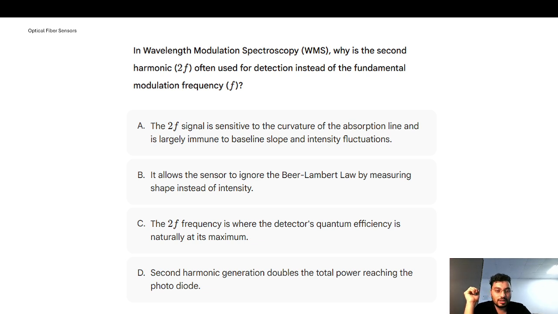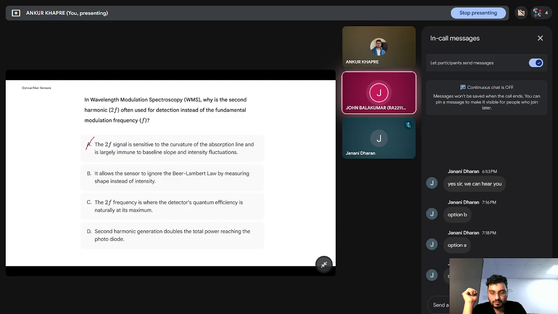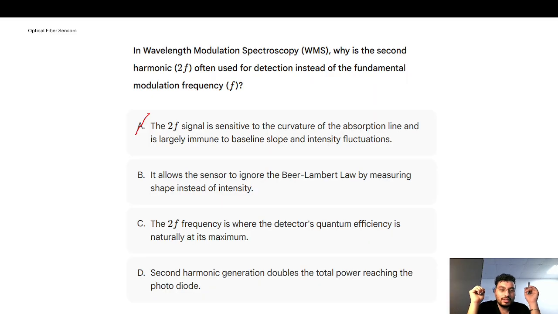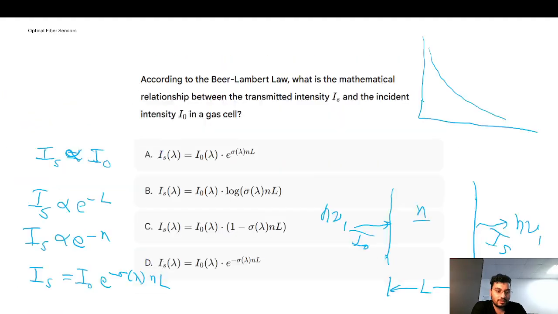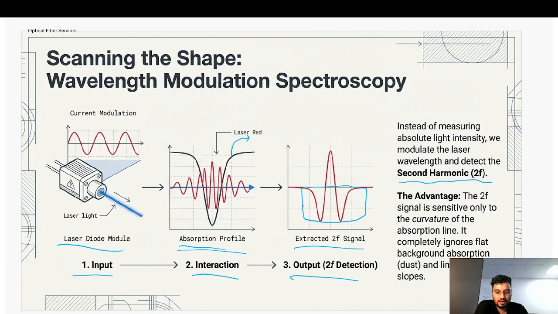So the reason is here, option A. Why option A is because the 2f, the second harmonic signal, is sensitive to the curvature of the absorption line and is largely immune to baseline slope and intensity fluctuation. I have discussed this one. I'll just go through it. You can see here how the 2f signal is extracted from the absorption profile.